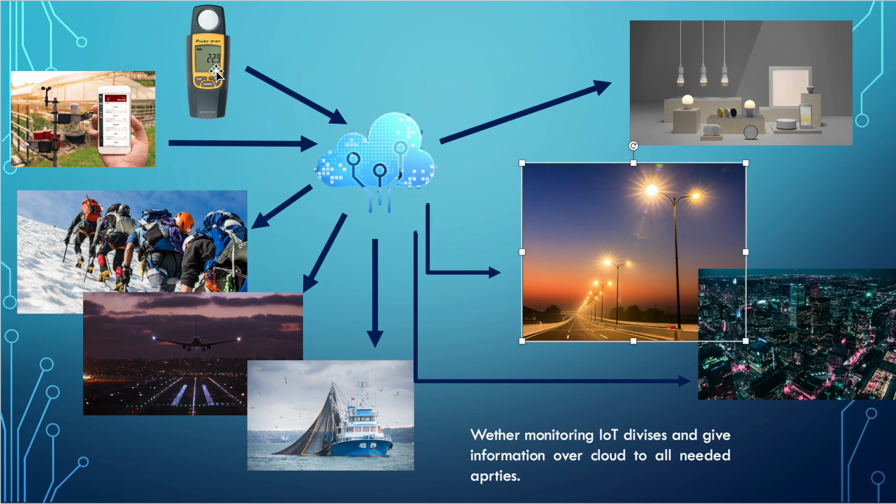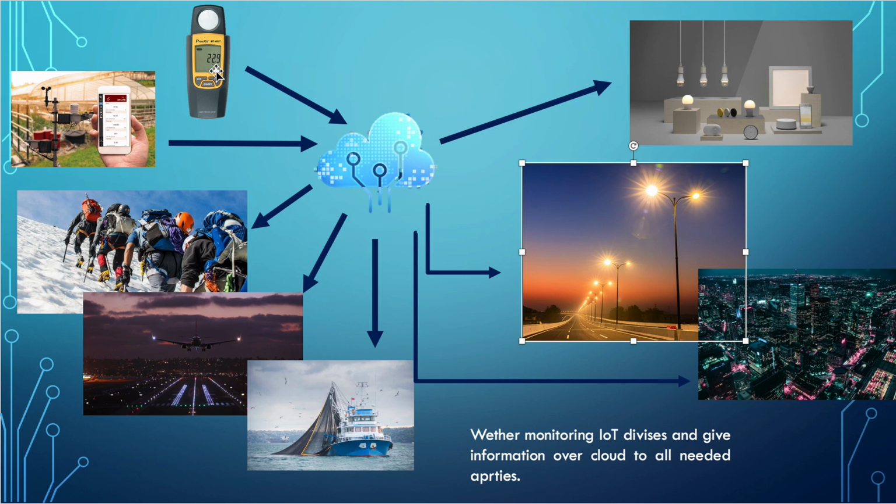We don't need each sensor for each light. We can use one sensor to detect for a particular area, and maybe thousands and thousands of lights will switch on and switch off according to the data given by one or two sensors. It's a very efficient and productive way.